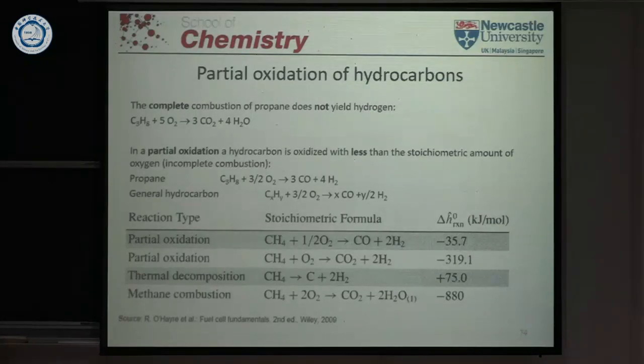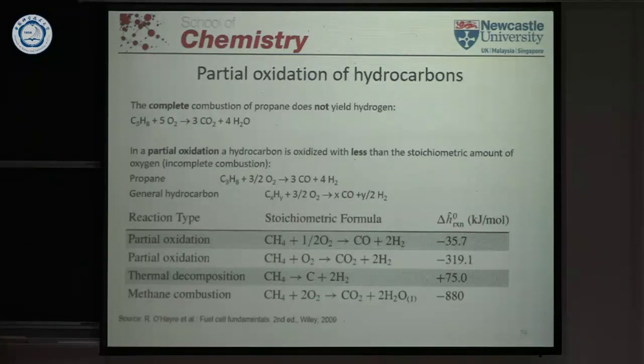The best would be if I don't have to supply heat, or if I don't have to take the heat out of the system. So to actually govern the reaction in such a way that the heat output is zero, or the heat input is also zero. And that is called autothermal. The one is partial oxidation, the other is steam reforming.